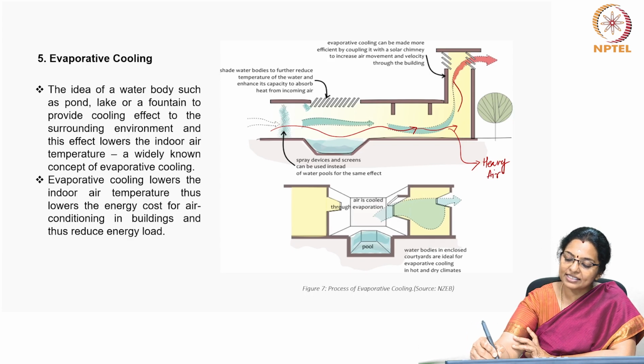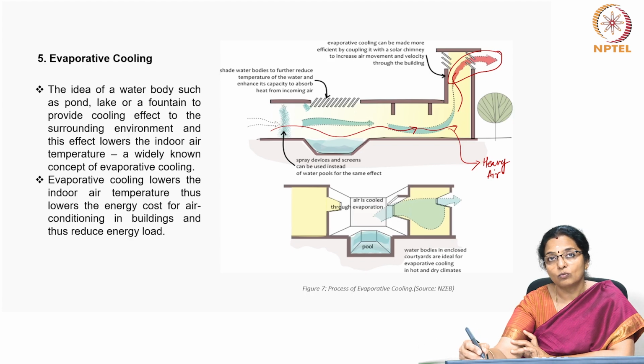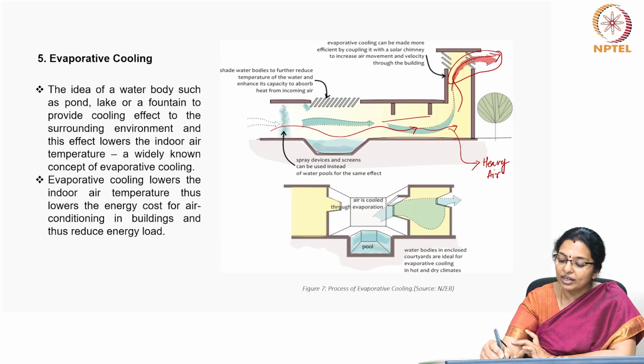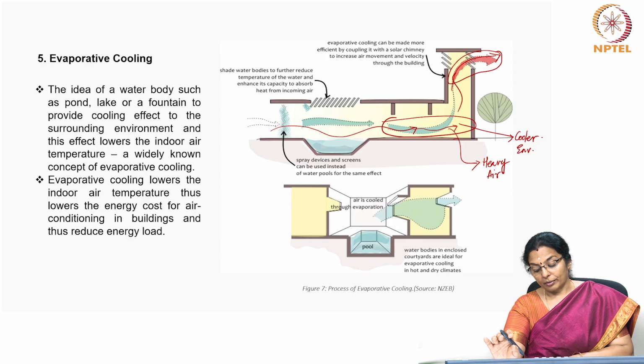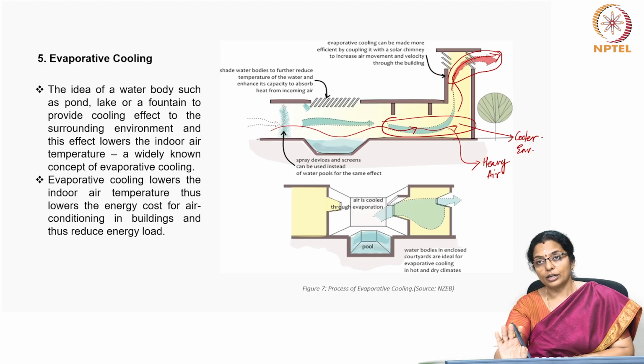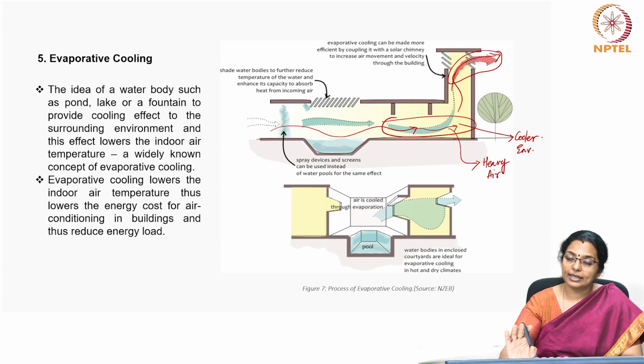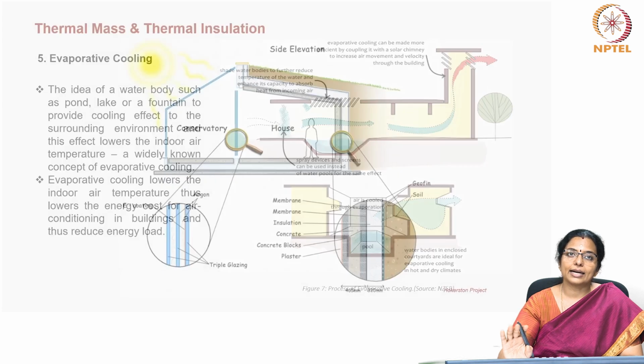It replaces the warm air, and warm air which is light in weight, less dense, flows out if appropriate opening is given, and this creates a cooler environment in the habitable area by using water body. But water body cannot be used in all climate types to lower the temperature. We will look at this in greater detail later.